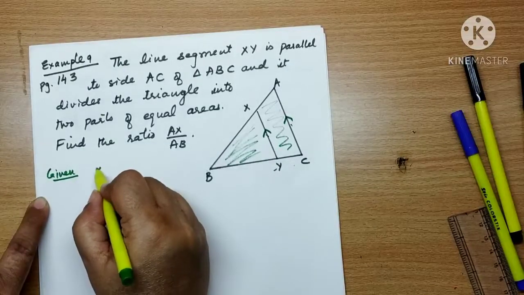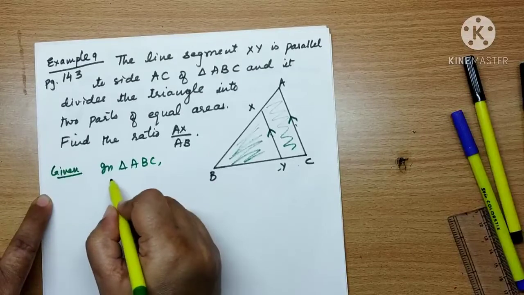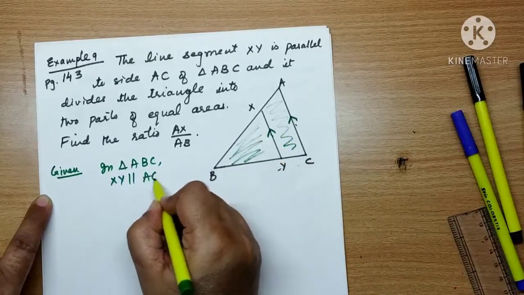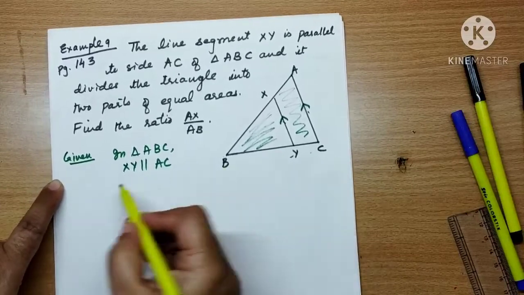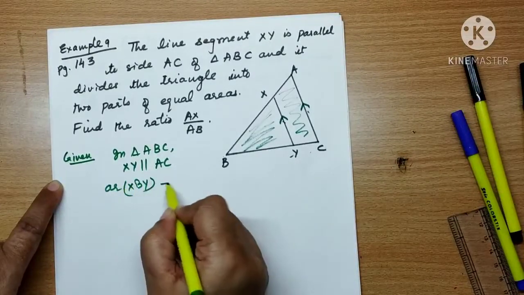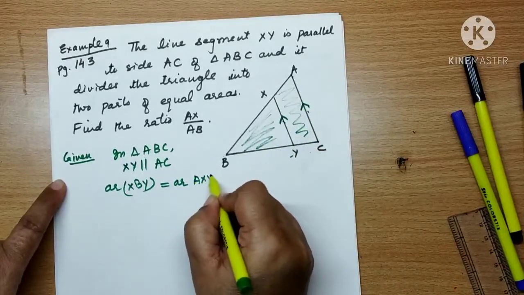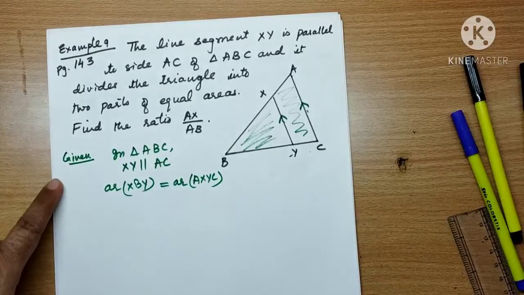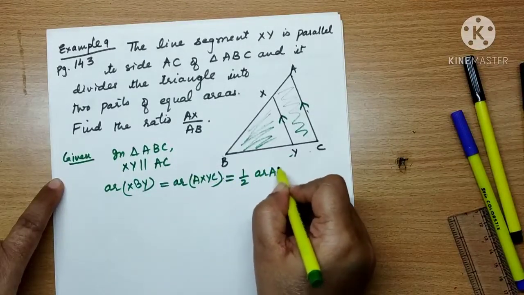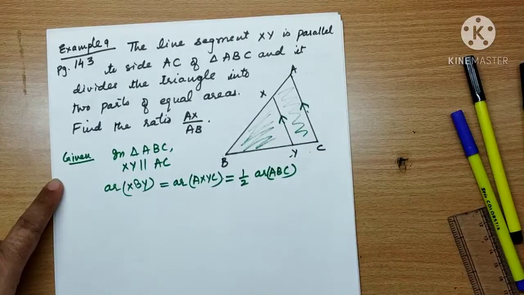So in triangle ABC we have XY parallel to AC, and the area of XBY is equal to the area of AXYC. These areas are equal and each one is equal to half of the area of the complete triangle ABC.